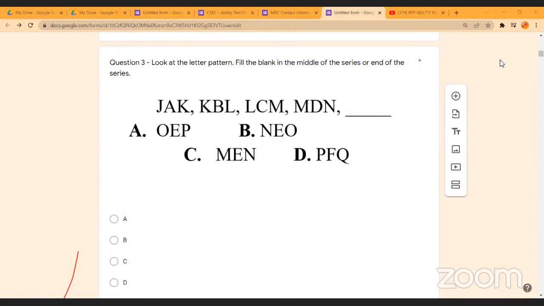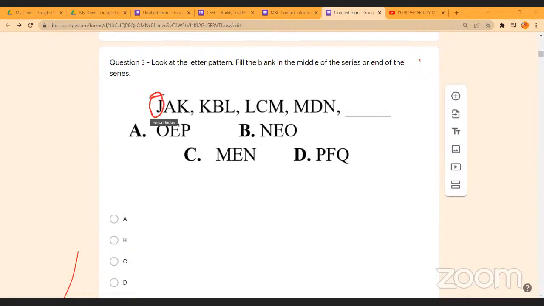We have JAK, KBL, LCMMDM. What do you see happening? The first letters are going in alphabetical order because it's JKLM. All right. So we figure that out.